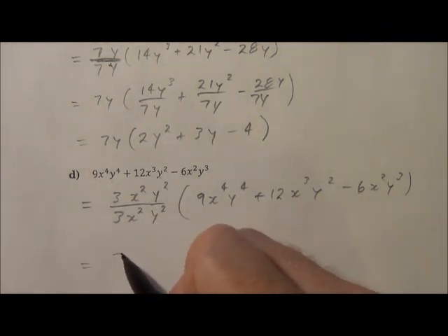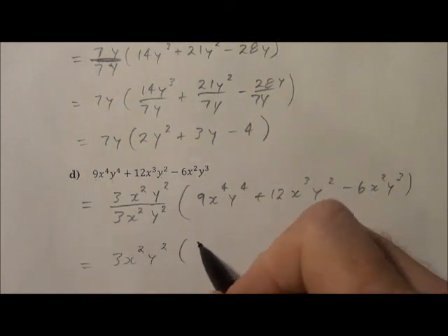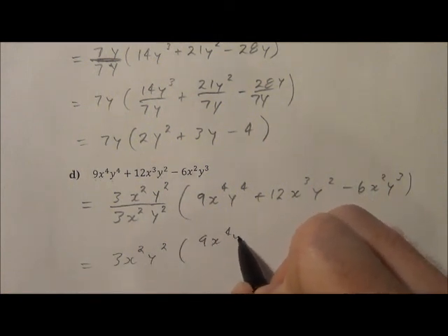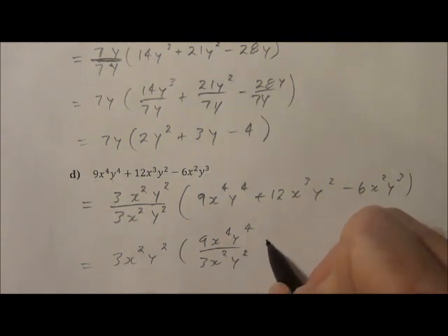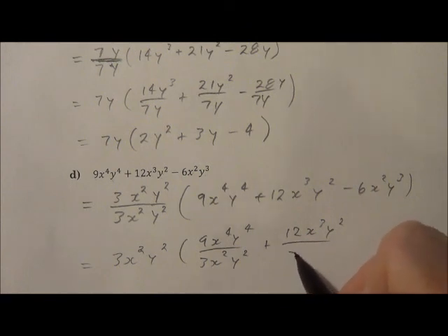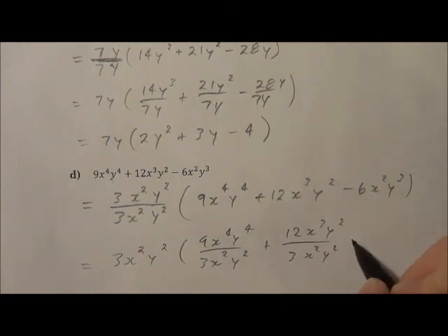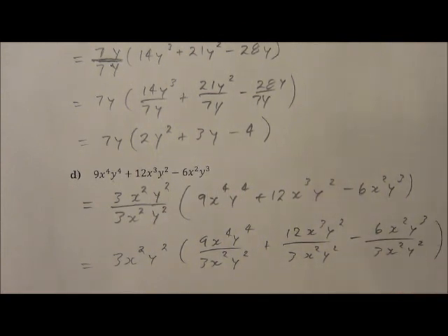Send in the denominator, so we're left with 3x squared y squared on the outside, 9x to the power 4, y to the power 4 over 3x squared y squared, plus 12x cubed y squared over 3x squared y squared, minus 6x squared y cubed over 3x squared y squared.